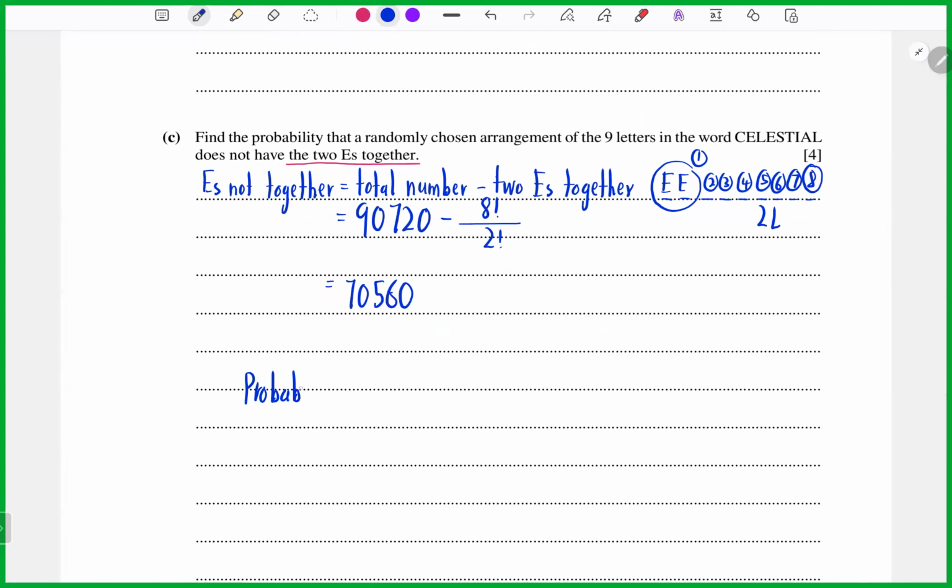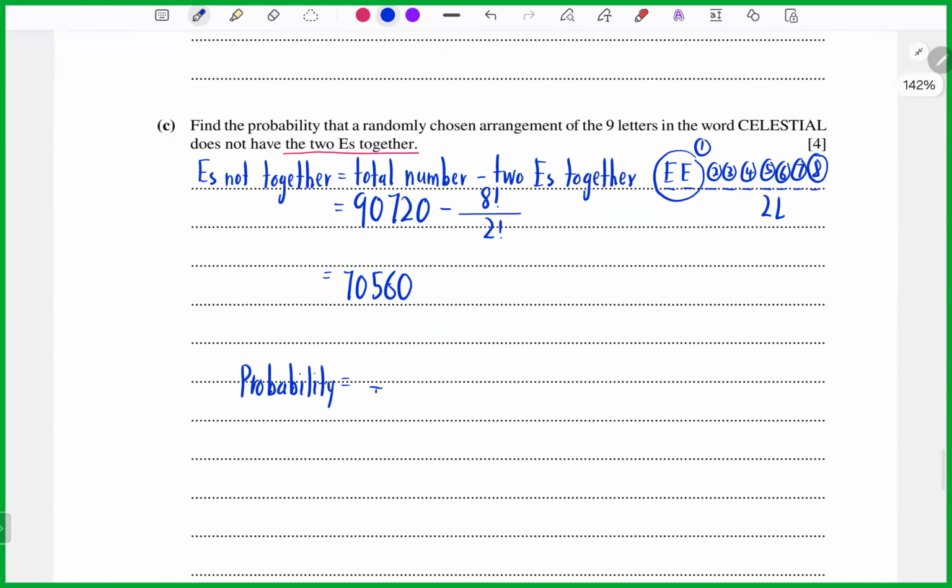Find out the probability equals to total number. Okay, for the numerator, E's not together.